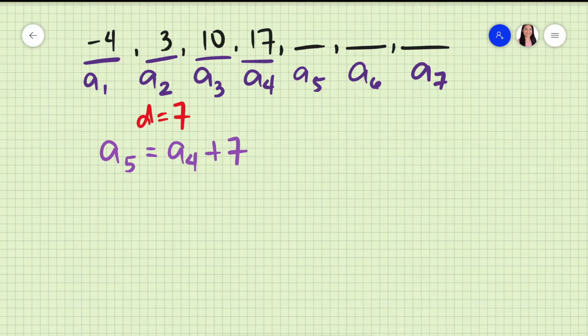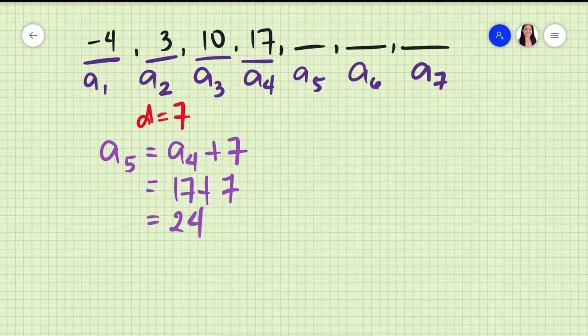Now, let us substitute the value of a sub 4, which is 17, then copy plus 7. Perform the indicated operation. 17 plus 7 is equal to 24.